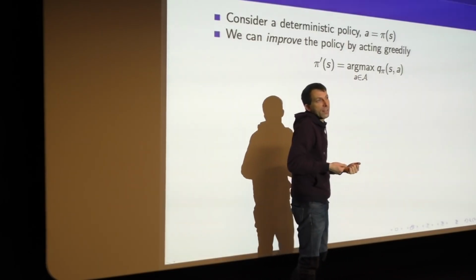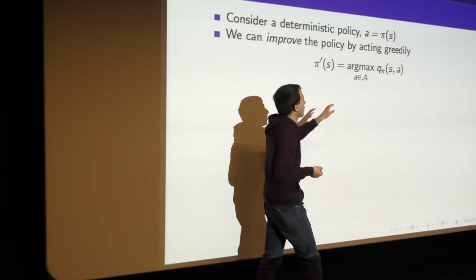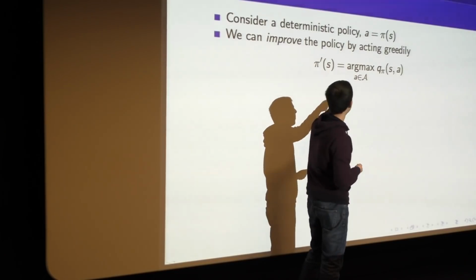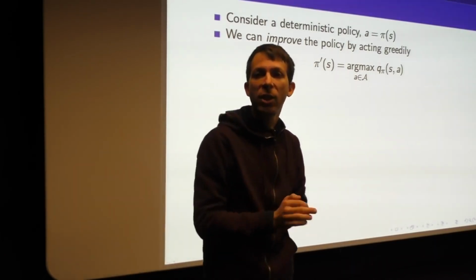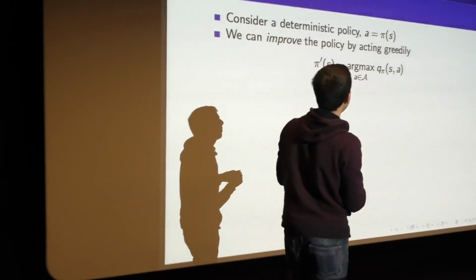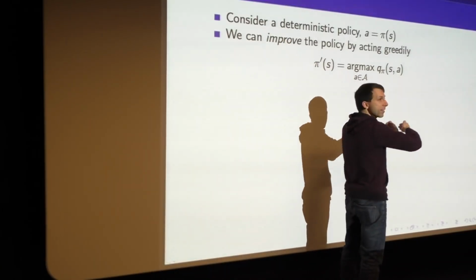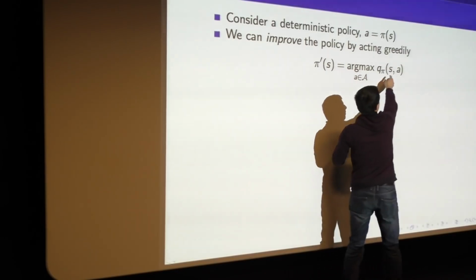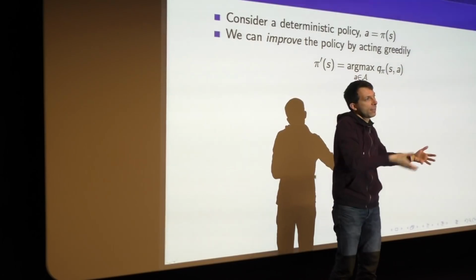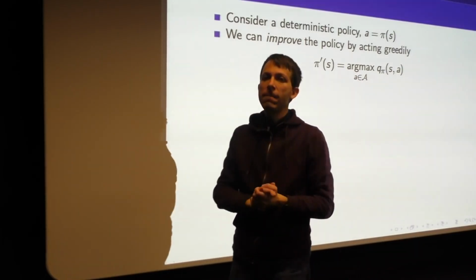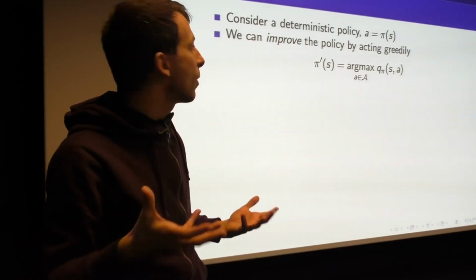We want to pick the action that gives us the most Q. That's what this argmax means. It just returns the action that maximizes this quantity. And Q, remember, is just the immediate reward when you take action A, plus the value function, the state value that you get where you end up. So that's what it means to act greedily.